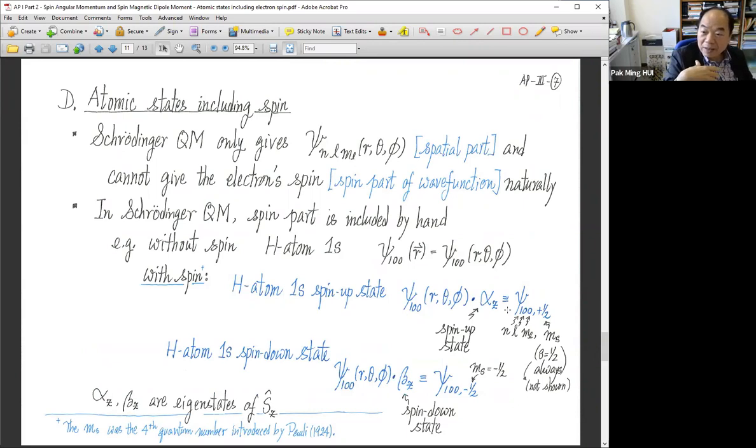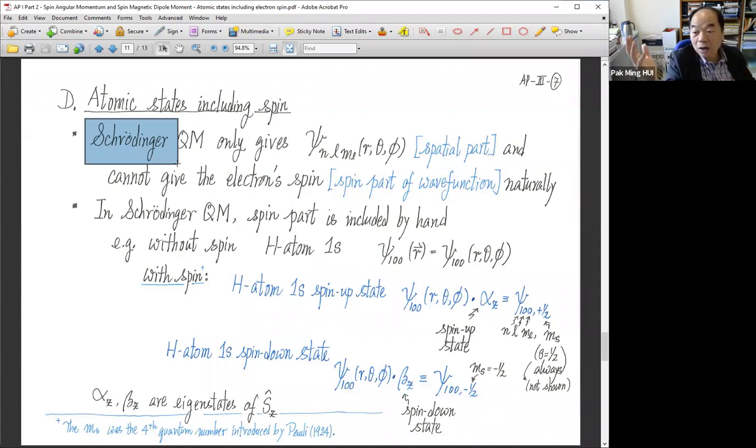Now, with this reminder of spin in a more physical sense, instead of formulas, we can now include spin into the atomic wave function. I must say that if we use Schrödinger's quantum mechanics wave equation, this spin part has to be added into the Schrödinger equation as an extra part. The spin does not come out naturally from the Schrödinger equation.